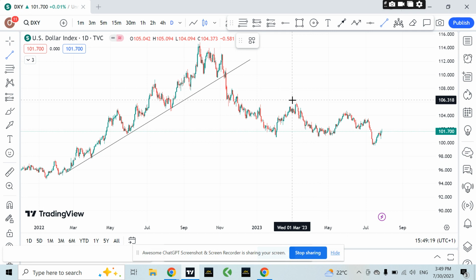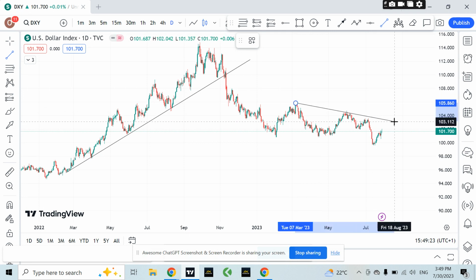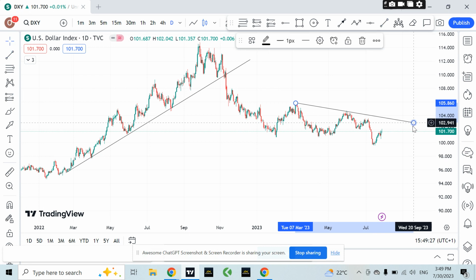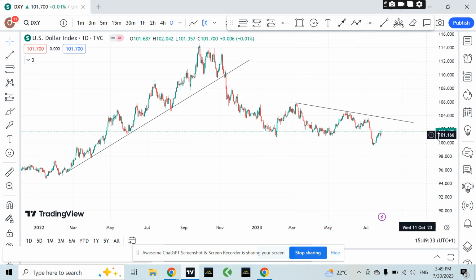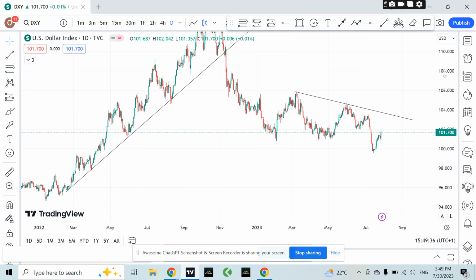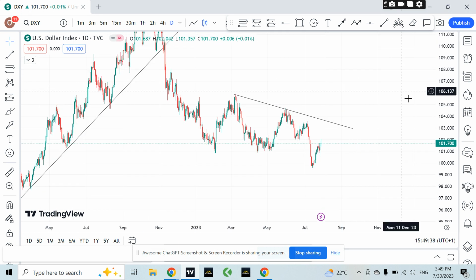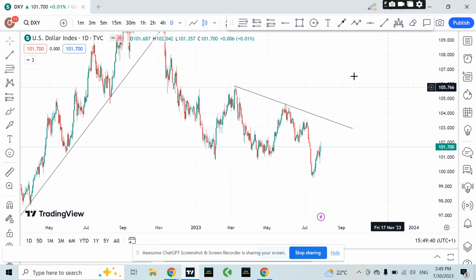We can see the market has been creating a series of lower highs and lower lows, telling us we are in a downtrend. So looking at the market now on the daily time frame, I would say that the DXY is bearish.